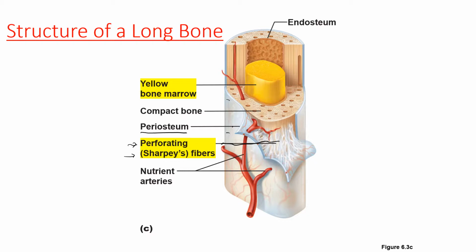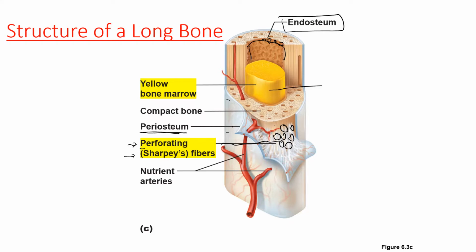Within the marrow cavity, there's a lining membrane called the endosteum. Cells like osteoblasts, osteoprogenitor cells, and osteoclasts are found sandwiched between the periosteum and the bone, and the endosteum and the bone tissue.